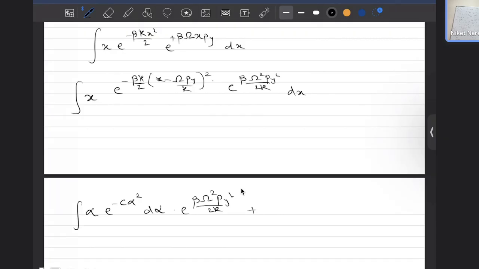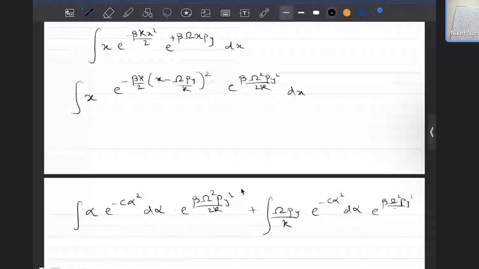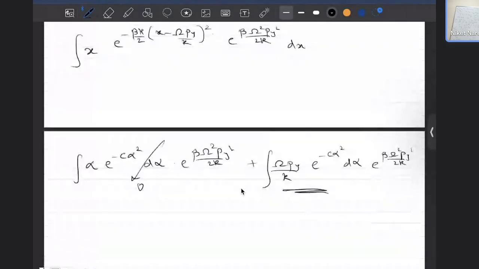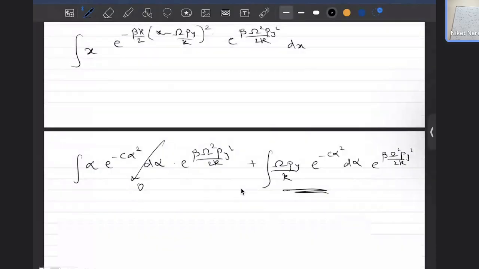Plus omega py by kappa e raised to power minus c alpha square d alpha e raised to power beta omega square py square by 2 kappa. So this is already 0, but this isn't 0 right now. I do end up getting some contribution from this part, right?